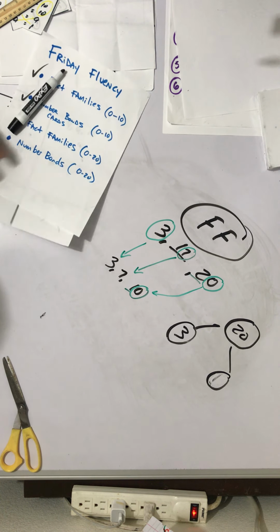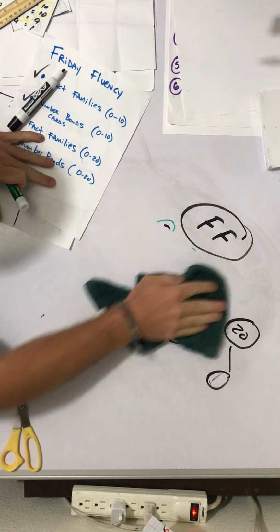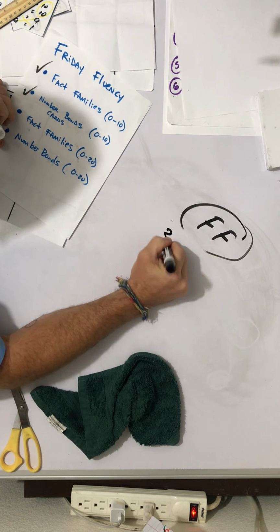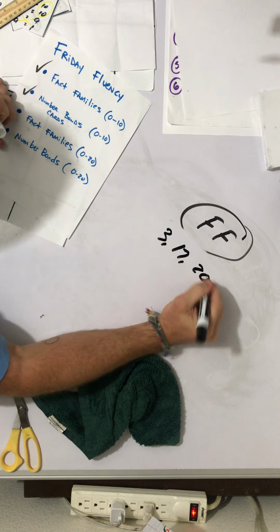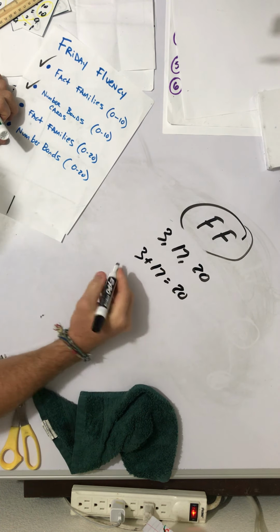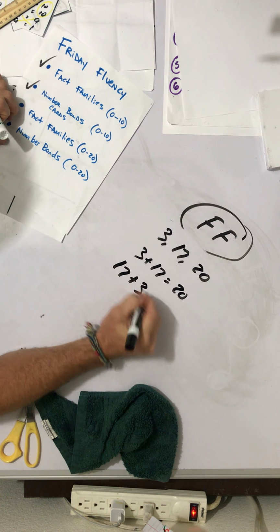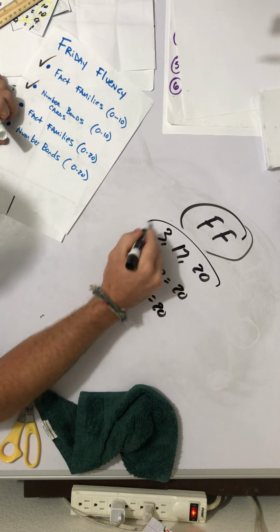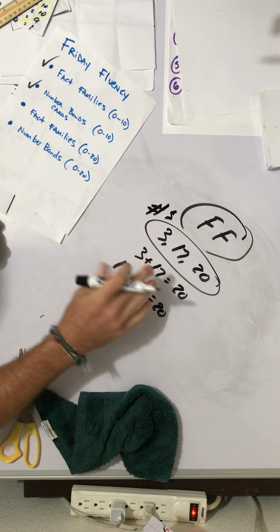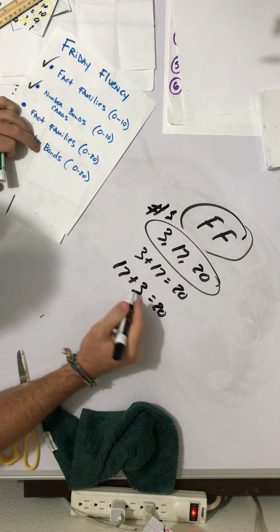Okay, I'll erase it, and I'll keep going with my fact family. Okay, the numbers are 3, 17, 20. 3 plus 17 equals 20. 17 plus 3 equals 20. Same numbers, just different order. These are always going to be the same numbers. You never need to see a fourth number come in.